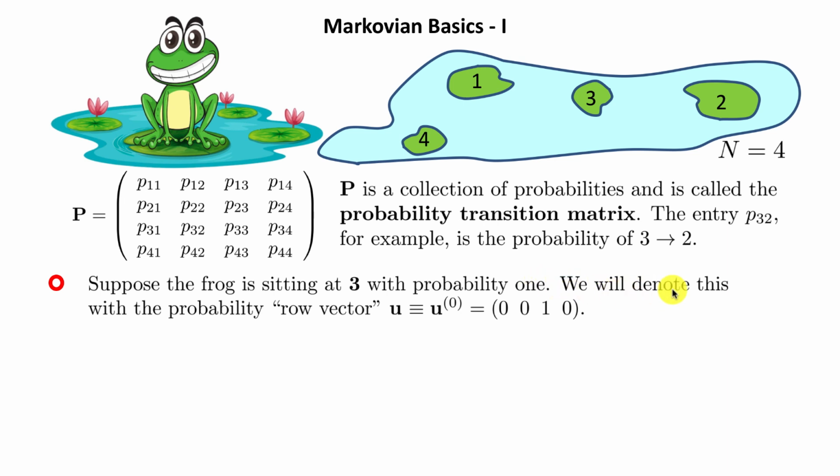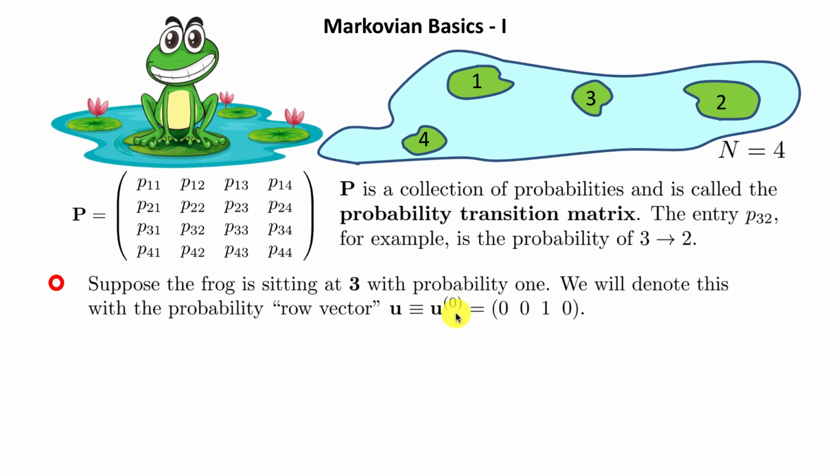Then we're going to denote this with what we will call a row vector. So this U is a row vector whose entries are 0, 0, 1, 0. This 1 denotes that the frog is definitely at number 3 with probability 1. Now that is the starting vector, and so we will denote it with this superscript 0.